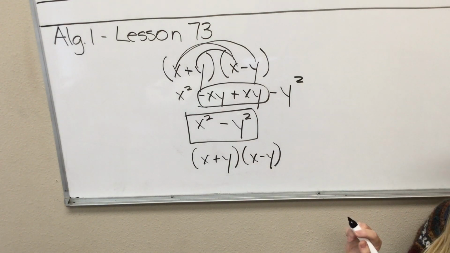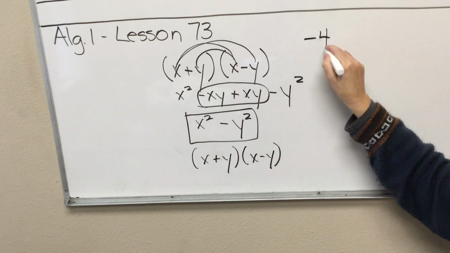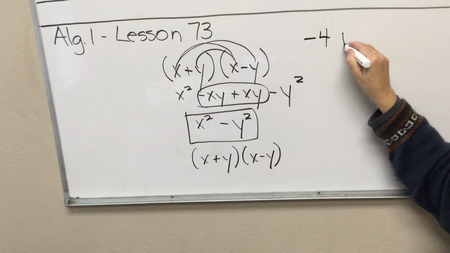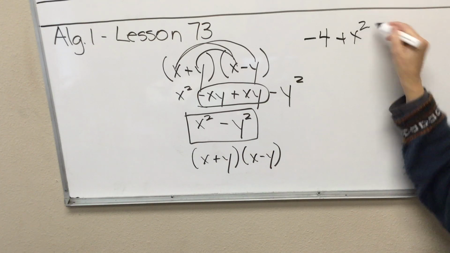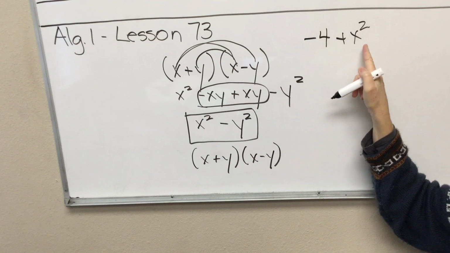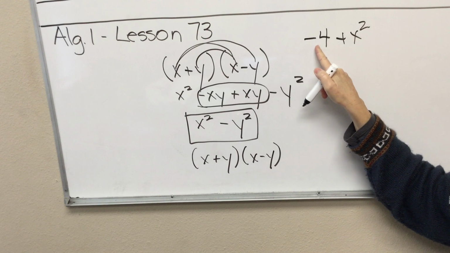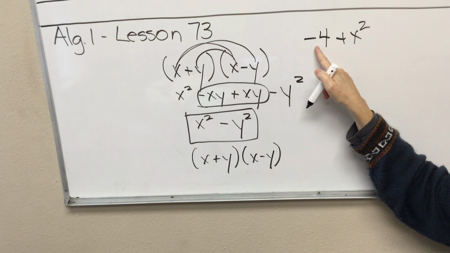So let's do another one. I hope I'm not moving too far over. So if I had negative 4 plus x squared. Now, one thing you need to keep in mind is they're going to rearrange this and put this first and this second, because you need to say plus 2, minus 2 when you split this one apart.